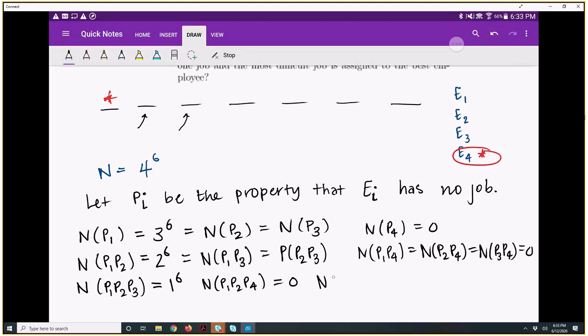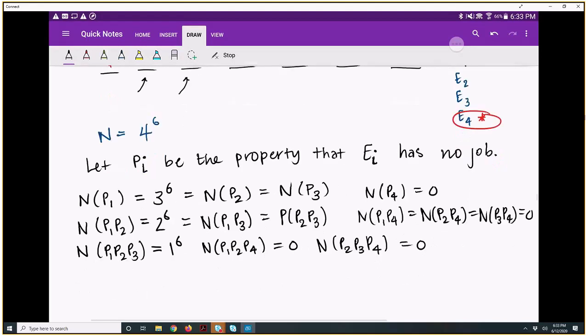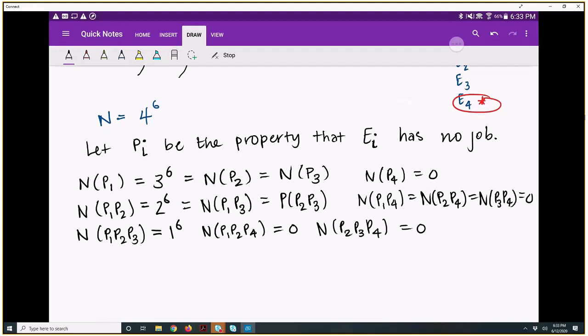And P2 and P3 and P4 cannot happen because employee 4 already has a job. Finally, what about P1, P2, P3, and P4? Well, for the same reason, there are 0 ways.